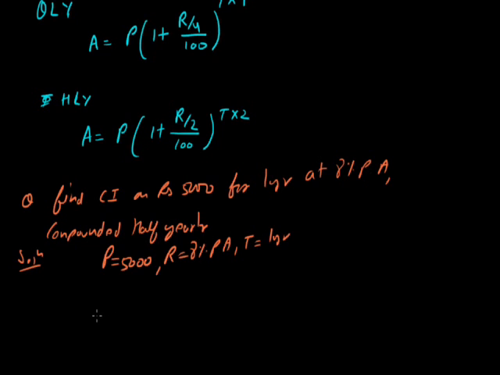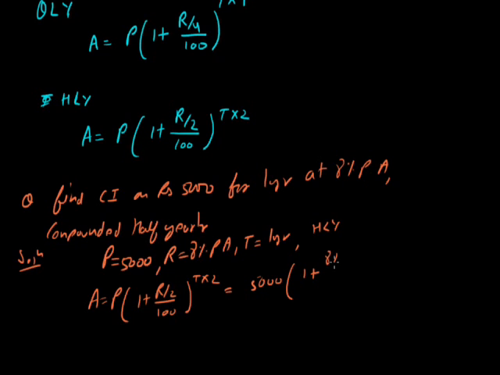So according to the formula, as we are calculating the interest on the half yearly basis, amount is equal to P into 1 plus R divided by 2, raised to the power T multiplied by 2. So put the values. In place of P we write 5,000, 1 plus in place of R we write 8 by 2 by 100, and in place of T that is 1 into 2.